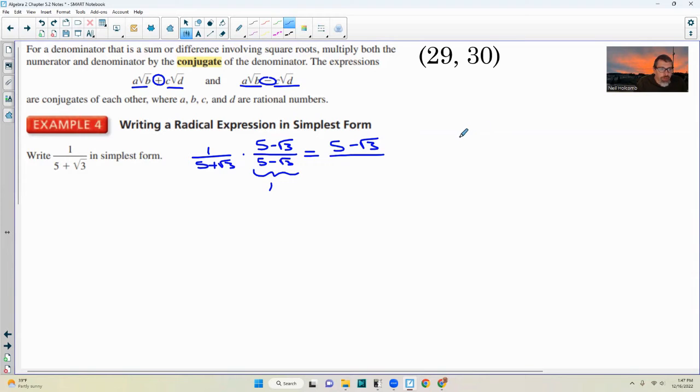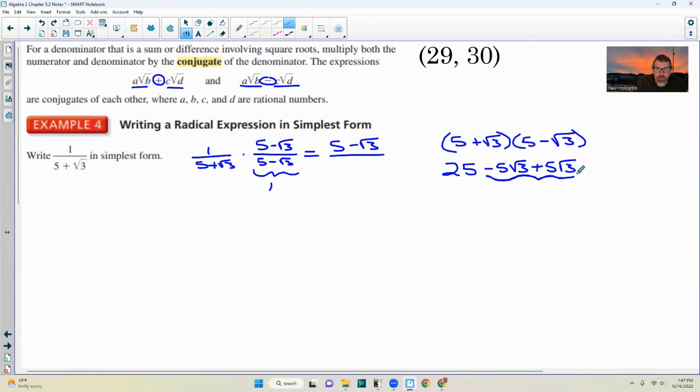We're going to FOIL, so I'll do this off to the side. 5 plus the square root of 3, and I'm going to put it in parentheses so it looks like two binomials that we FOIL. First is 5 times 5, which is 25. Outer is minus 5 times root 3. Inner is positive 5 times the square root of 3.